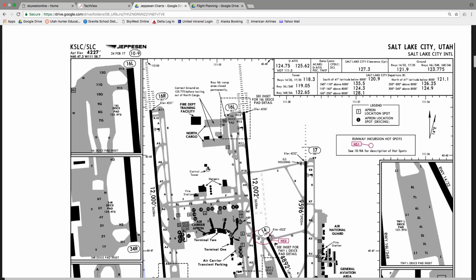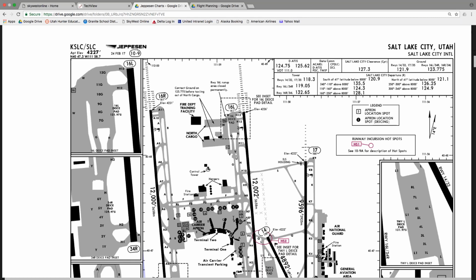What is our deviation from standard temperature? +7. Okay, our ISA deviation at Salt Lake City is +7 degrees C. So what chart do we use, for sanity's sake? ISA plus 10 degrees C. Everybody good there? Okay.